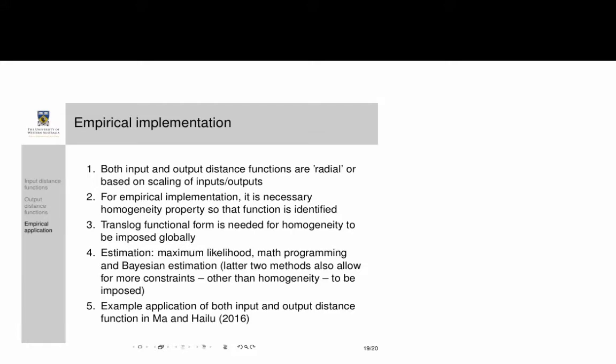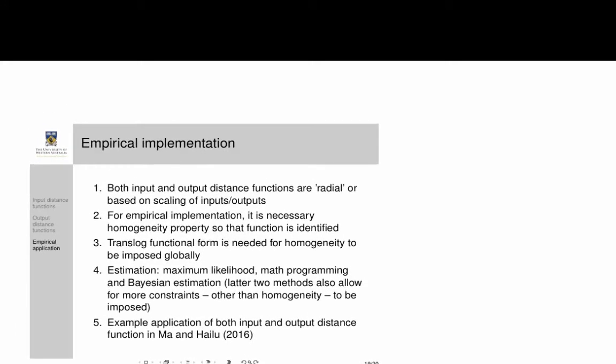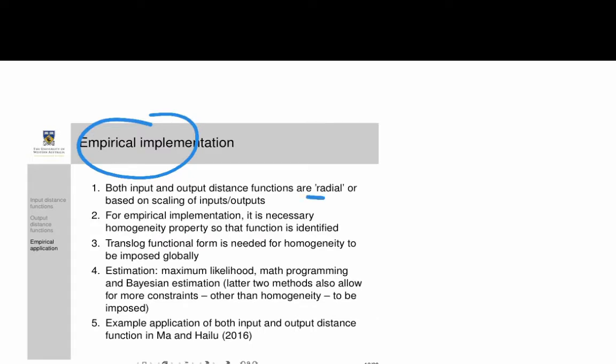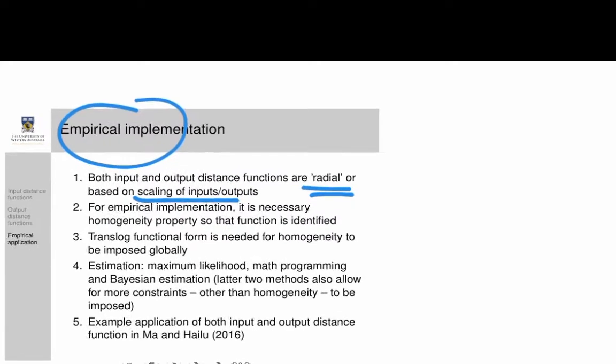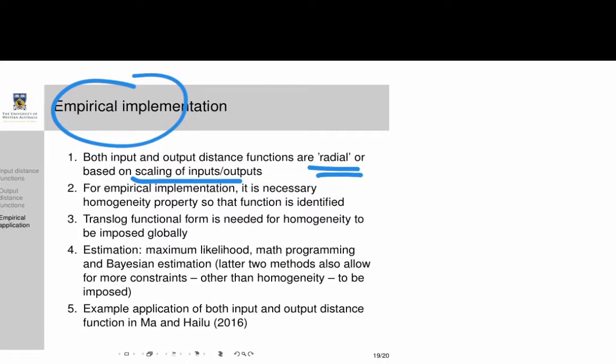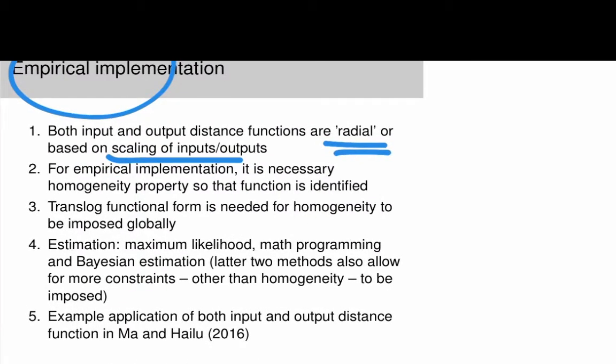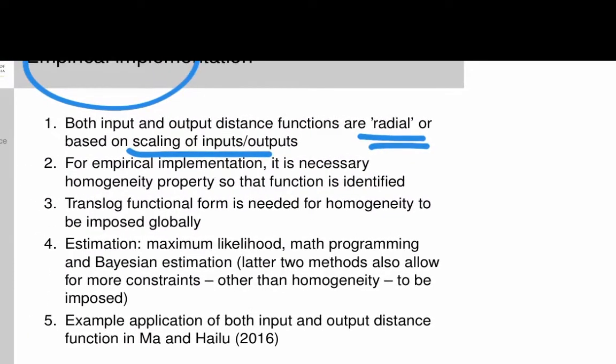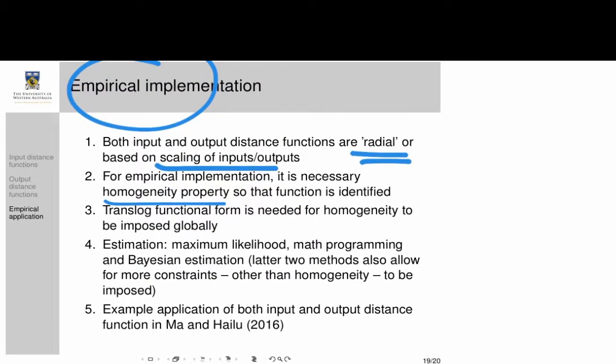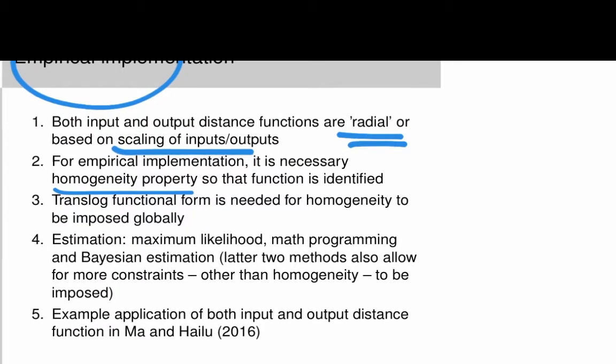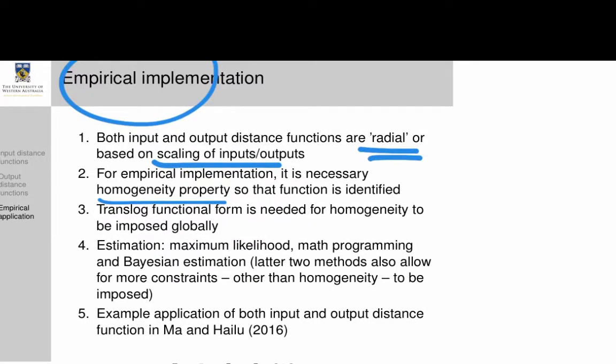Empirical implementation. So the output and input distance functions are called radial because they are based on scaling of inputs or outputs. For empirical implementation, it's necessary to remember some of the properties, and especially those that can be easily imposed globally, such as the homogeneity property. So as in the case of cost and profit functions, which are linear homogeneous in prices, input and output distance functions are linear homogeneous in inputs and outputs respectively.